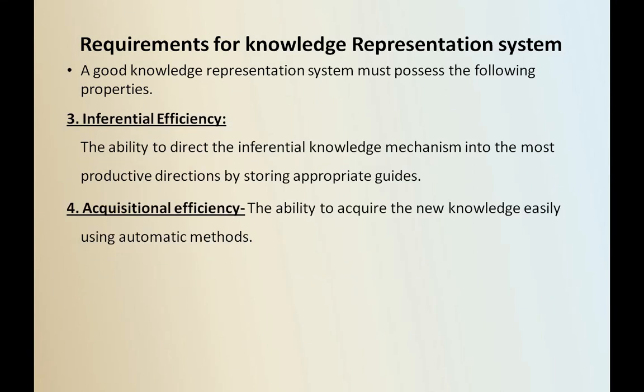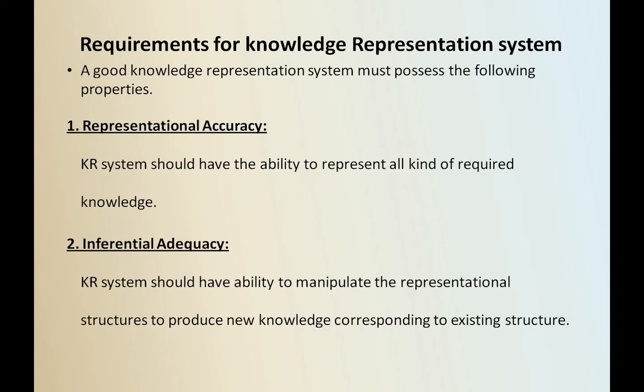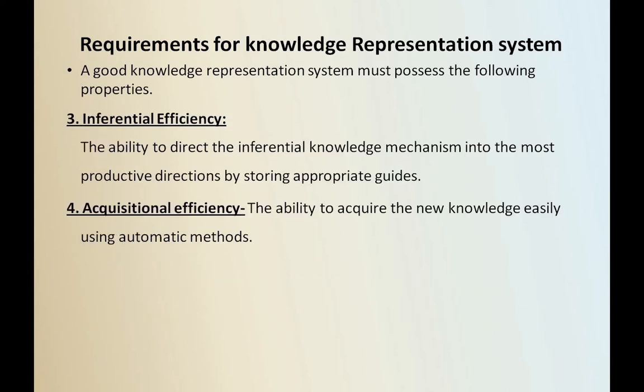Coming to the third one, inferential efficiency. In the previous one, we saw inferential adequacy, the ability to manipulate, but here it is efficiency. That means it can produce appropriate and exact inferential knowledge.